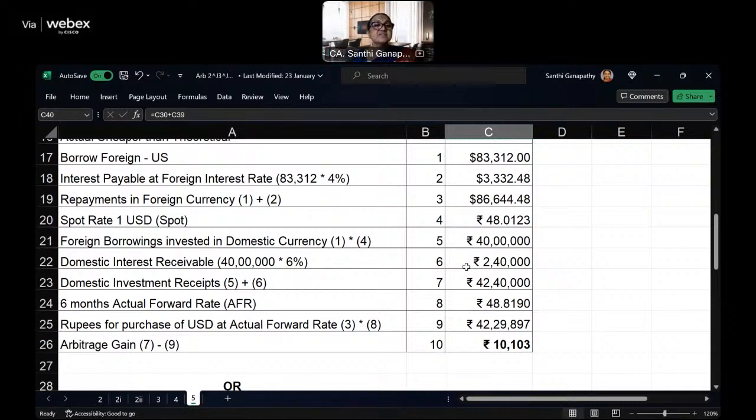Get the interest. What will be the domestic investment receipt? At actual forward rate, purchase how much ever is necessary to repay your foreign loan along with interest. The balance, the domestic investment receipts minus what you used for purchasing USD will be your arbitrage gain.